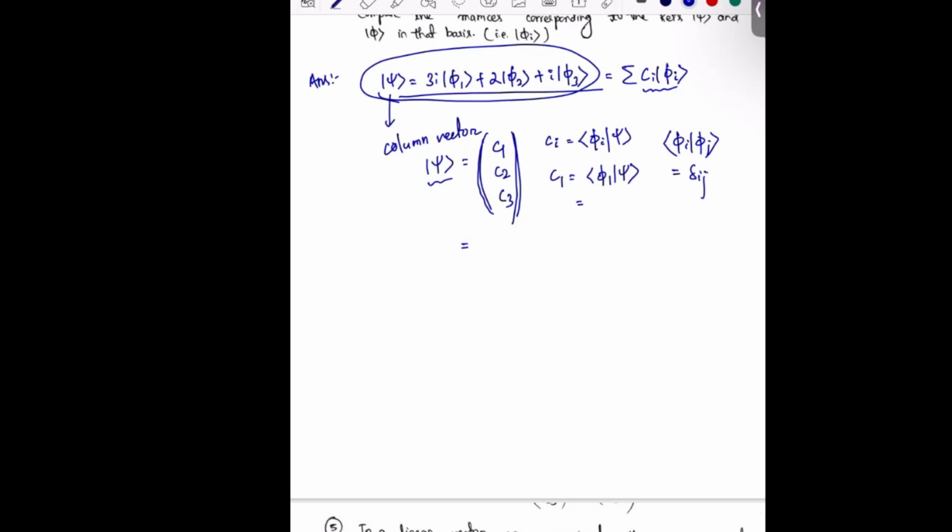So if the cross terms are 0, you take only phi 1 with phi 1. This means c1 is 3i. C2 is phi 2 with psi, so this will be 2, and c3 will be phi 3 with psi, which is nothing but i. So the final expression is 3i, 2 and i.